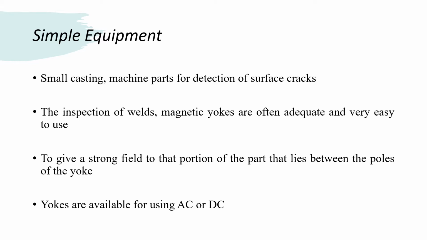They are able to give a strong field to that portion of the part that lies between the poles of the yoke. The yokes are available for use with either AC or DC. In one model, permanent magnets are used.